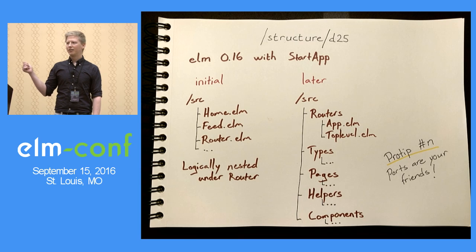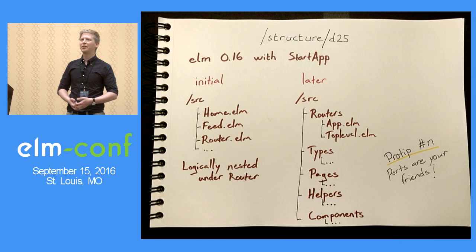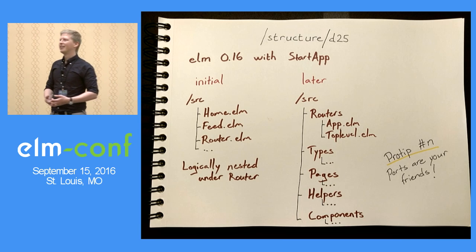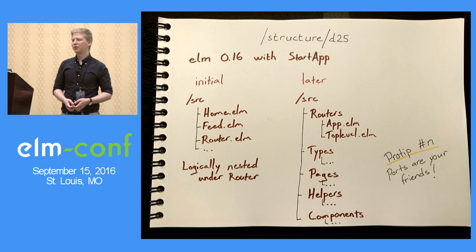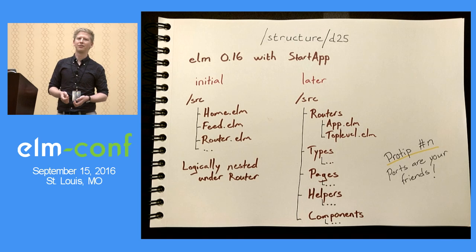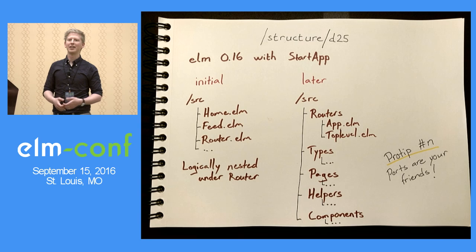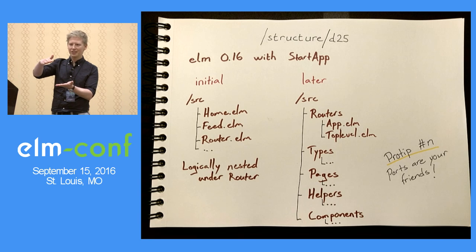So we had pages and these triplets and routers all happily together in the one directory. And believe it or not, it actually worked for quite a while, until we came to about 20 modules or so, when it became a bit harder to find what you're looking for. But before that, it was really, really nice to have all the files. You just see them all at once.